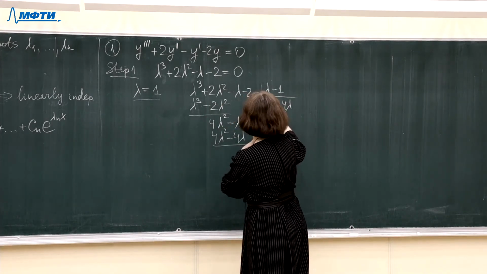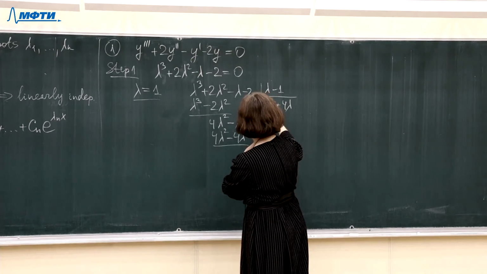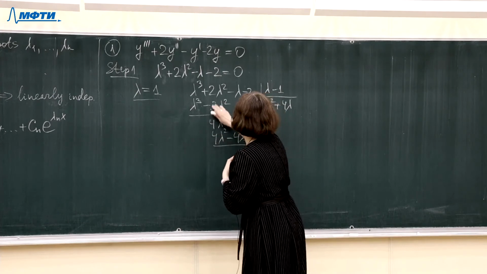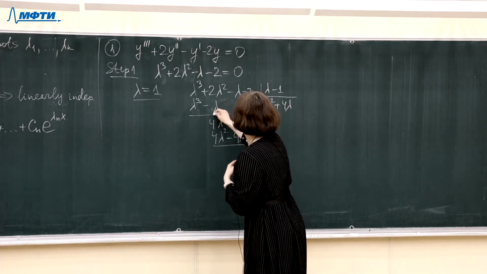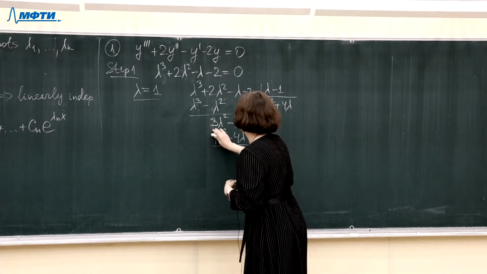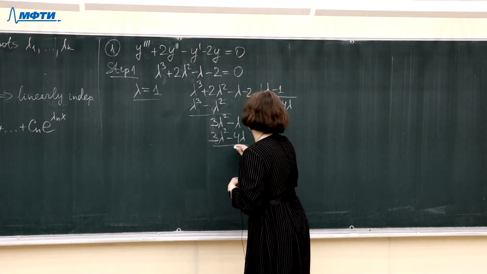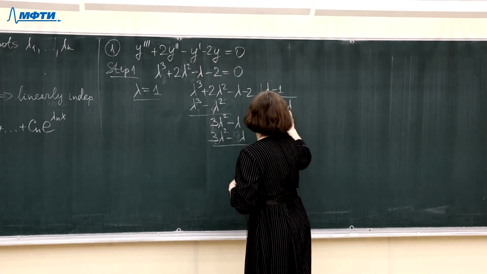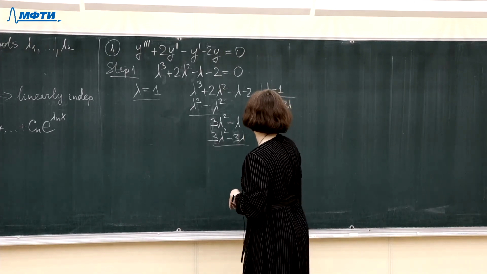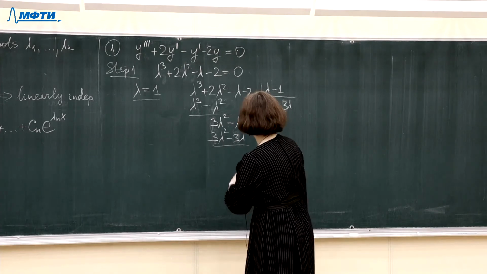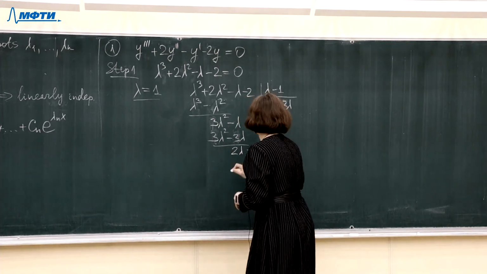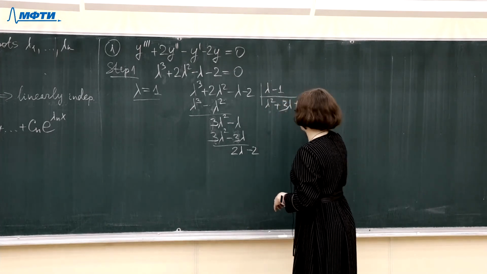Lambda squared, and then minus not 2 but 3, so 3 lambda. Next, if we subtract, we will get 2 lambda minus 2, so plus 2.